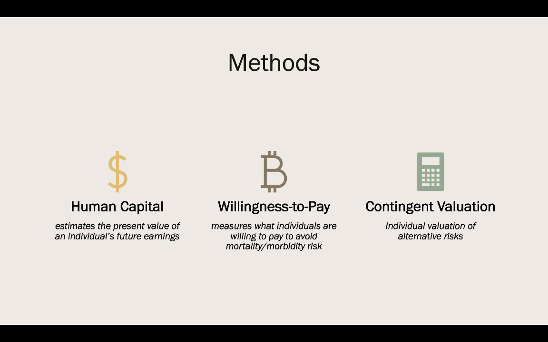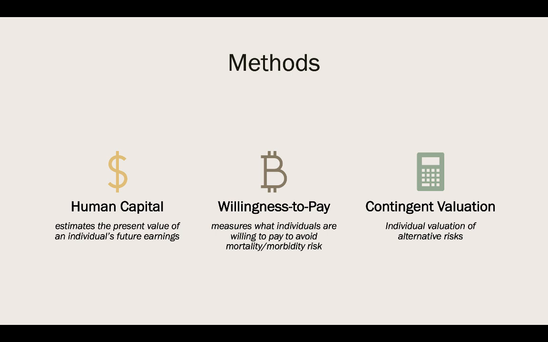And then that contingent valuation kind of brings that willingness to pay to the next level. So we add risk into it. Under the willingness to pay, what are you willing to pay to avoid congestive heart failure? Under the contingent valuation, there's a certain amount of risk to developing congestive heart failure. So what are you willing to pay for different levels of risk?